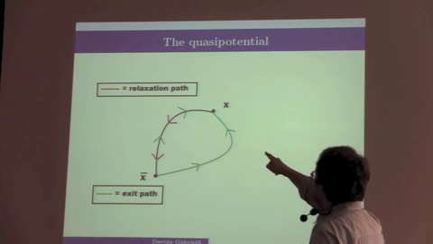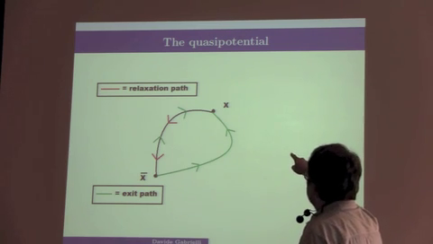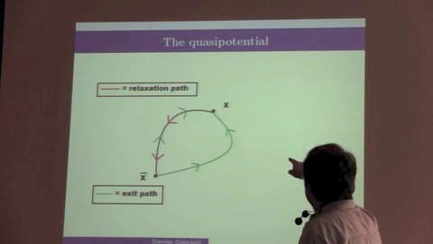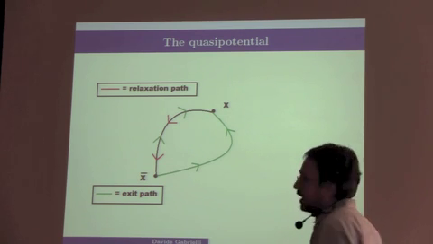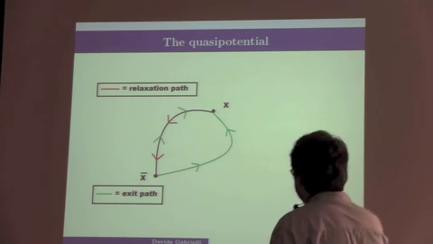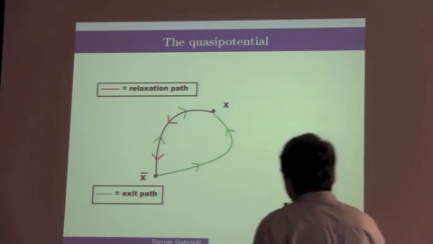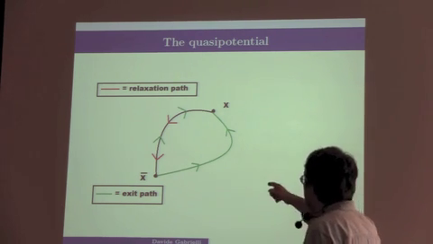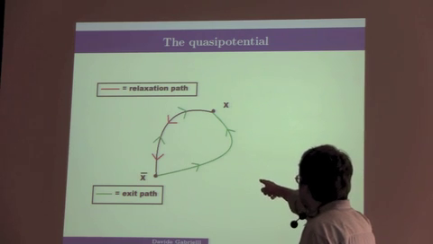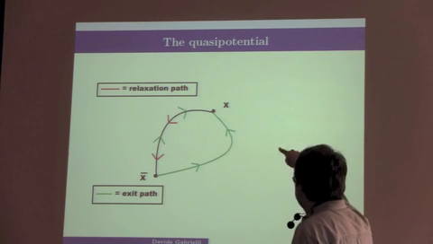In red, if you consider the equation without the noise with initial condition x, the orbit of the system will follow the red arrow. Then, to compute the quasipotential at the position x, you have to minimize over all the paths that go not from x to x bar, but from x bar to x.